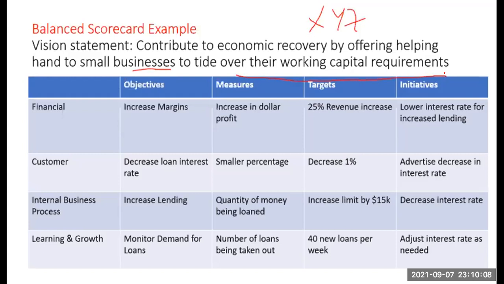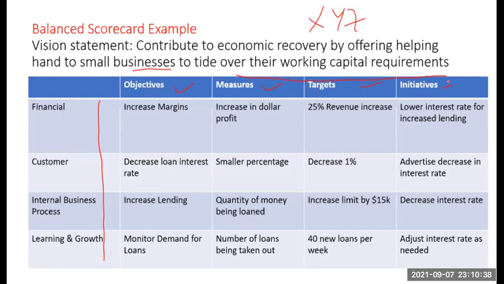So now we have the 4 dimensions on the y-axis, and then we measure each of these dimensions against the 4 metrics. We define objectives, measures, targets, and initiatives. In order to achieve this destination, we'll start with learning and growth. What is the objective?